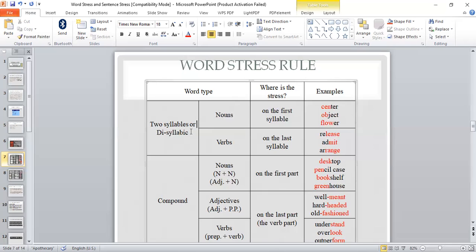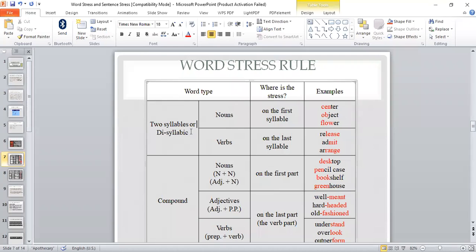If you have a compound word with maybe two words not joined, it means your stress is placed on the first word and not the second word.